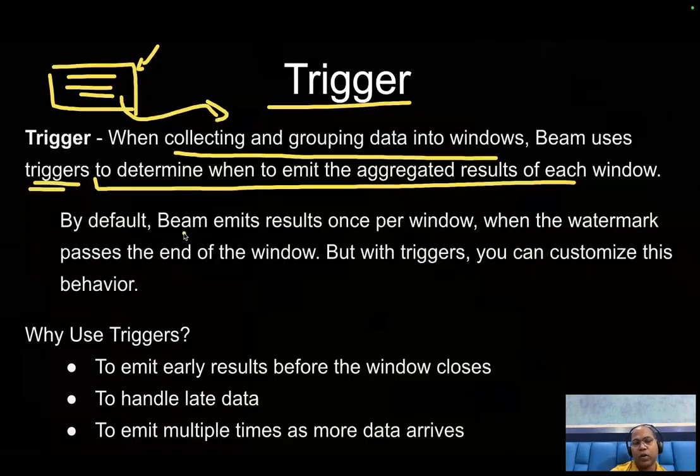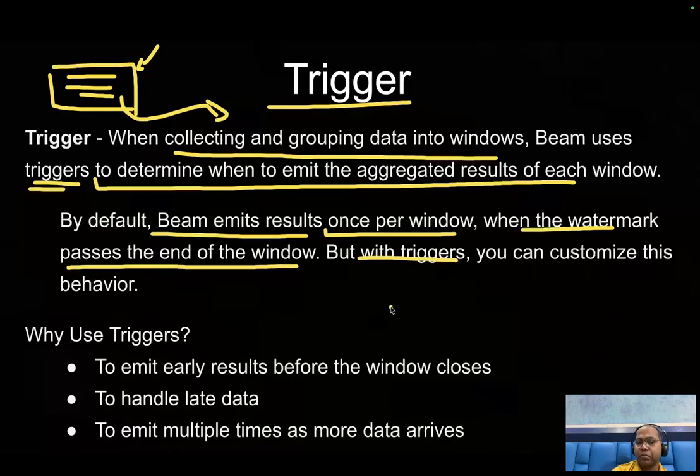By default, Beam emits results once per window, when the watermark passes the end of the window. But triggers also give some more use scenarios where you can customize this behavior. By default, at the end of the watermark, the Beam model's trigger emits the aggregated result.